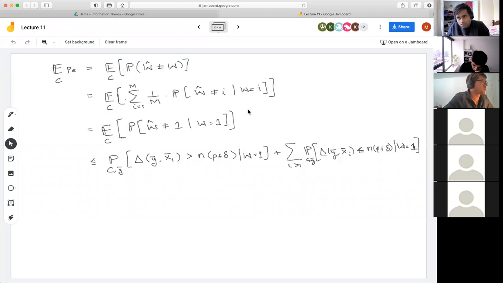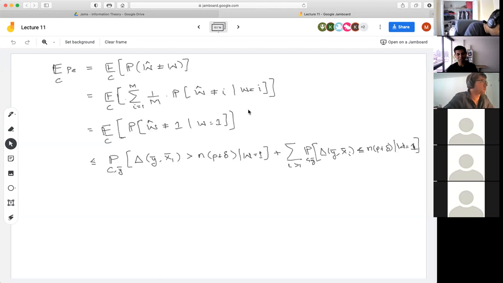We can break this into M possibilities: that we started with the ith code word, and there was a mistake. We started with the first one, there was a mistake, and so on. Now we use the symmetry in the construction of the code. If you had a code book in which all zeros was the first string and all ones was the second string, with equal probability you can also have a code book in which all ones was the first string, all zeros was the second string, and so on.